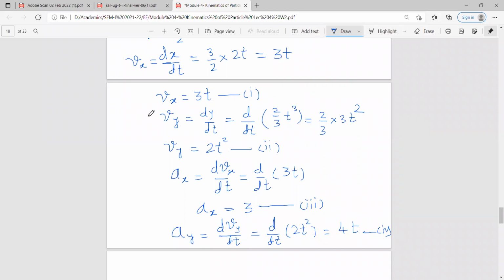But we want all these quantities Vx, Vy, Ax and Ay at time equal to 2 seconds.